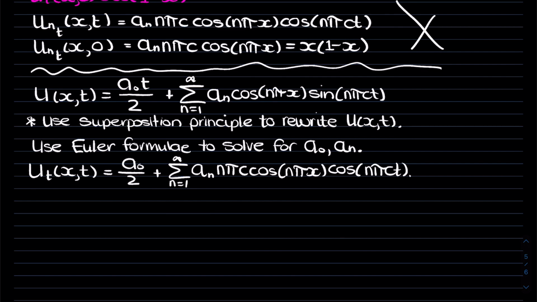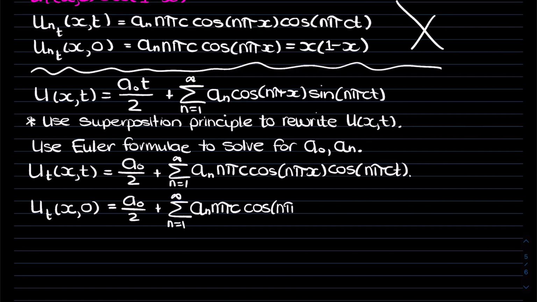So now if we plug in our t equals 0 case, we just get a naught over 2 plus the sum of n equals 1 to infinity of a of n n pi c cosine n pi x.